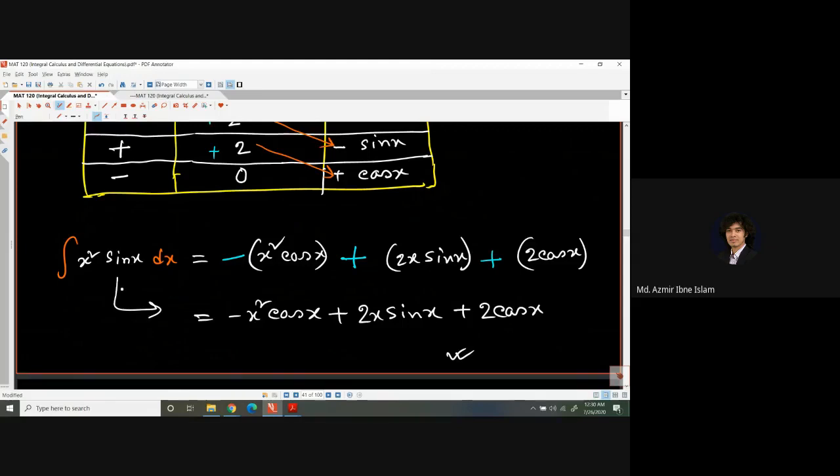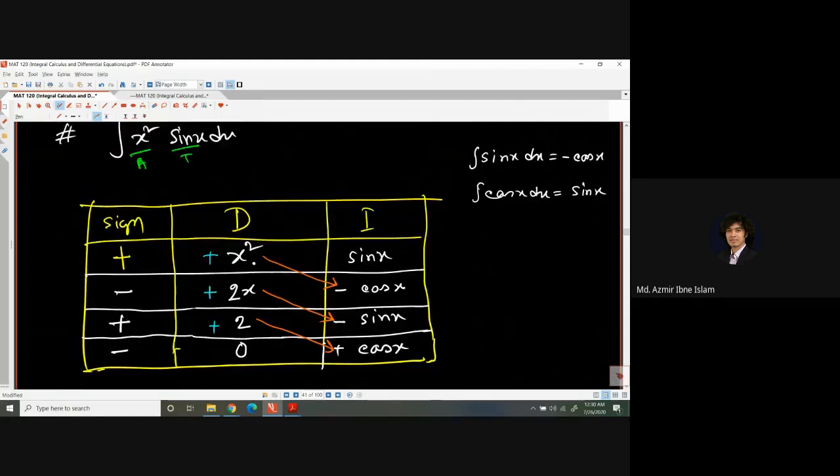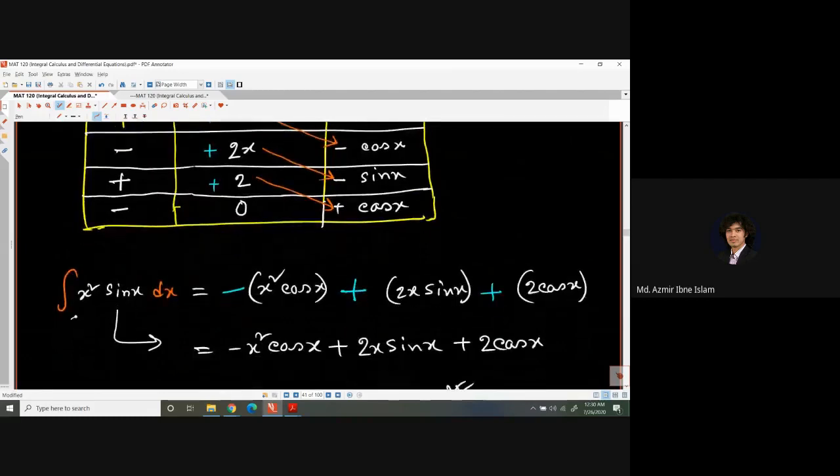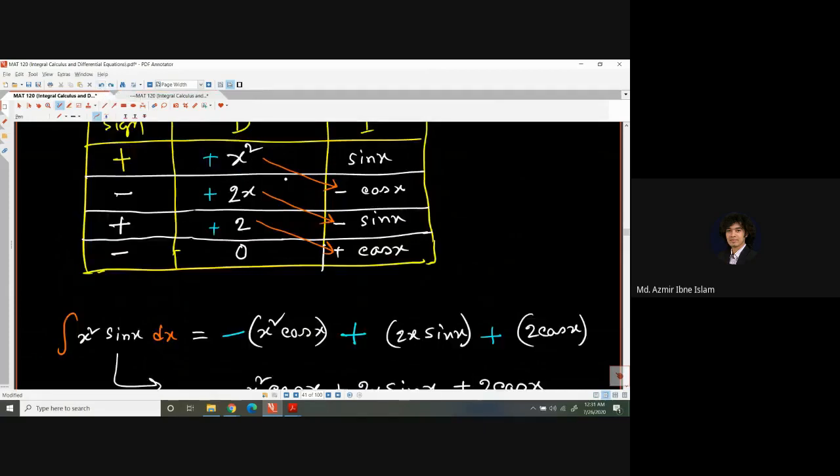That means the tabular method can be applied to evaluate this type of indefinite integral where we have an algebraic or polynomial function. Instead of using the UV integration by parts technique, we can apply the tabular method. What is the advantage of the tabular technique?